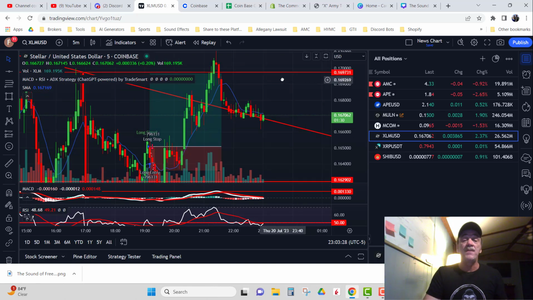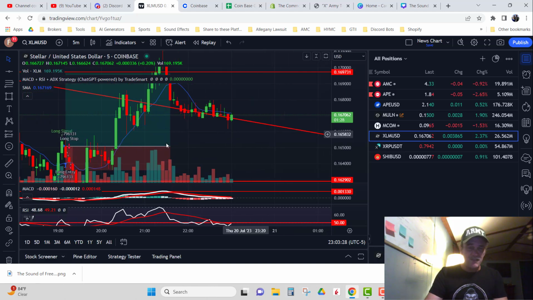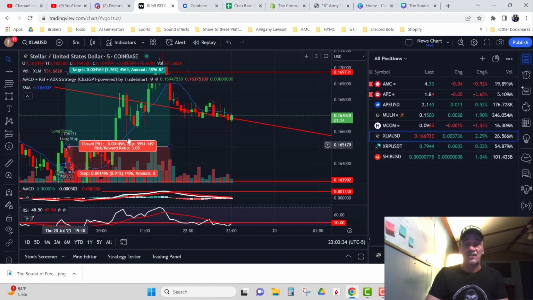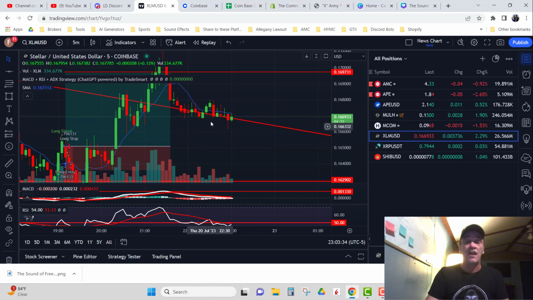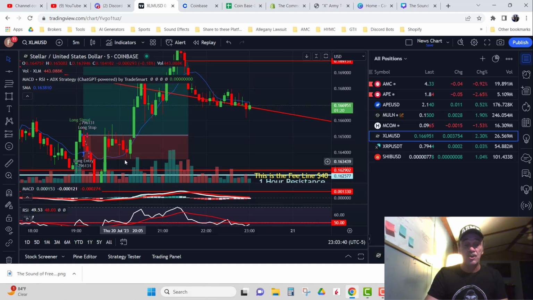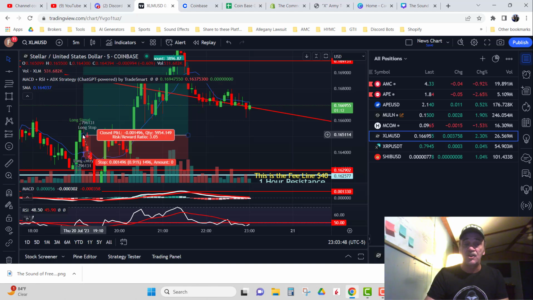But ChatGPT gave me a long signal way back here, and so I set the profit and loss. Now the thing about it is, I don't use stop losses, but when you add this indicator and a long signal is triggered, it will tell you where to get into the trade.